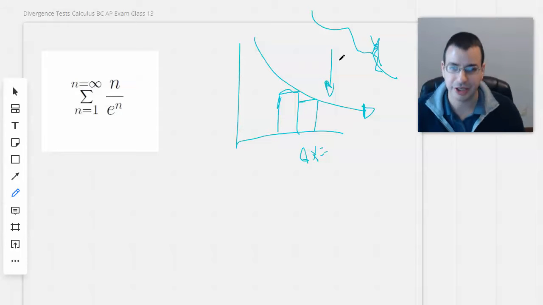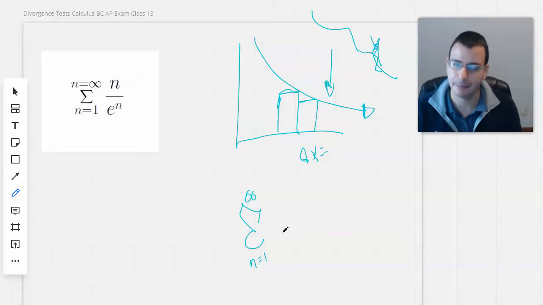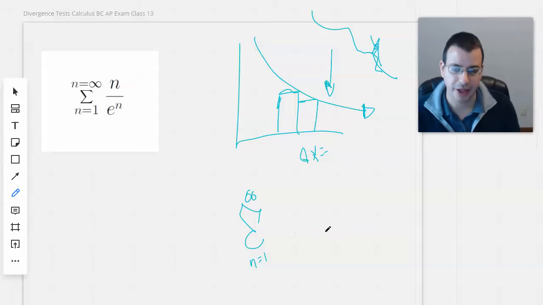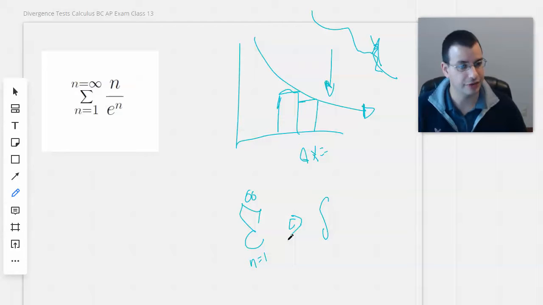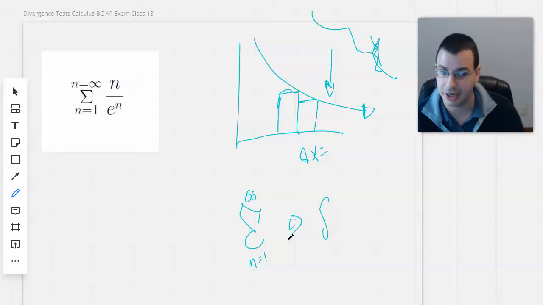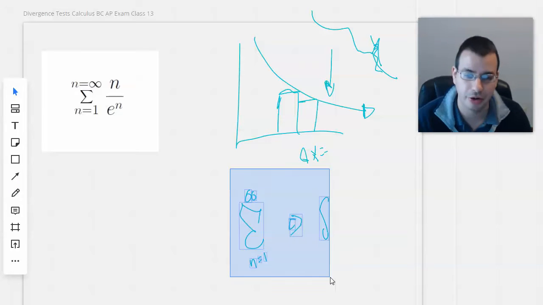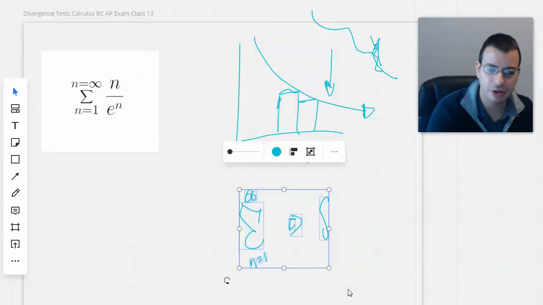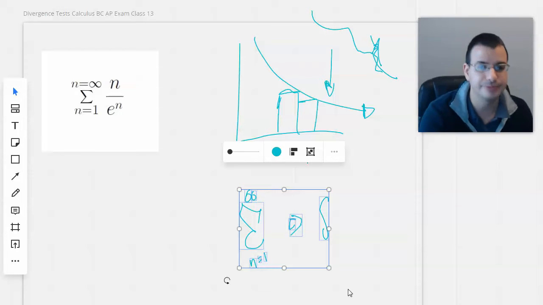Then you can take your series, n equals whatever to infinity, and write that as an integral. And if the integral gives you a number that's not infinite, or gives you a number at all, then it's probably going to be convergent.